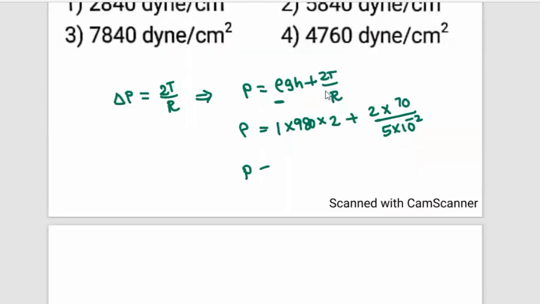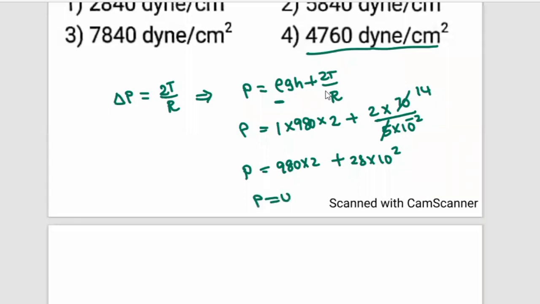If we calculate, P is equal to 980 into 2 plus 28 into 10 power of plus 2. We'll get P is equal to 4760 dyne per centimeter square. So option 4 is correct.